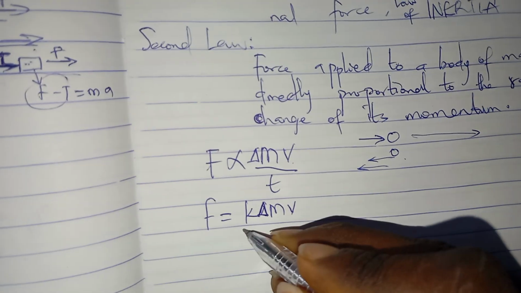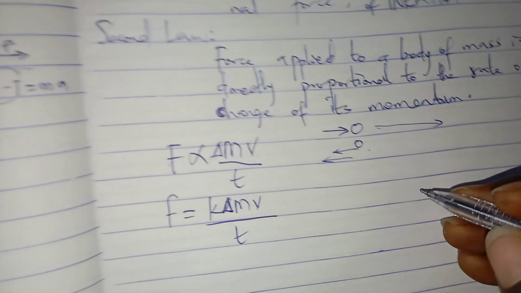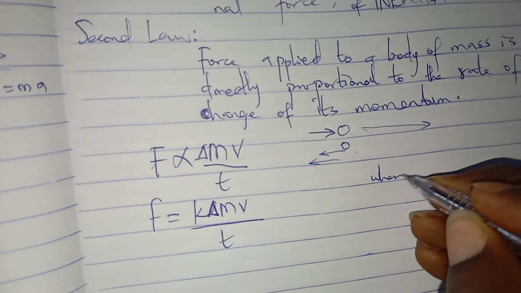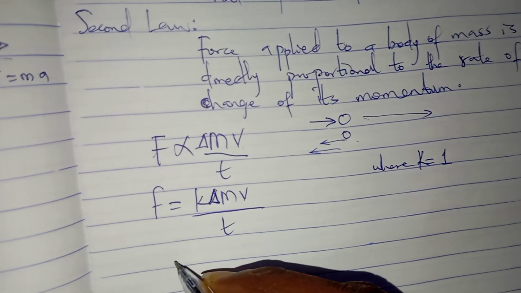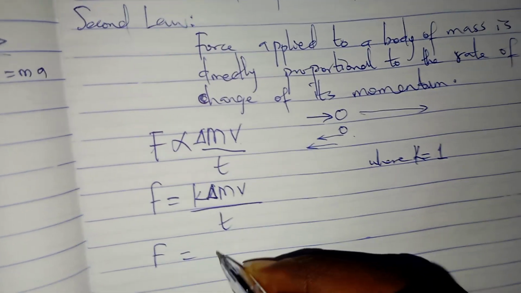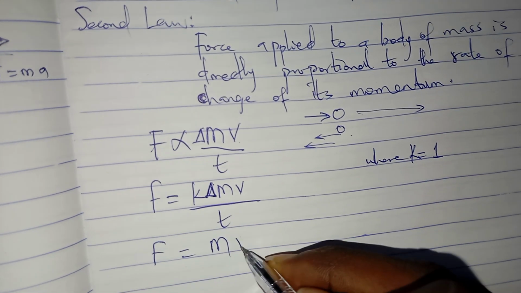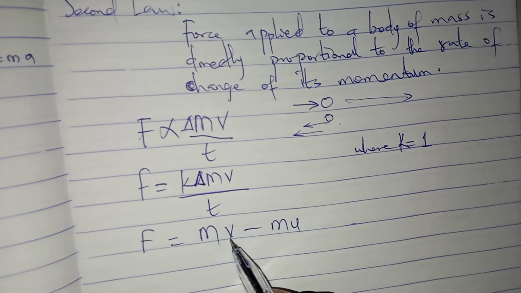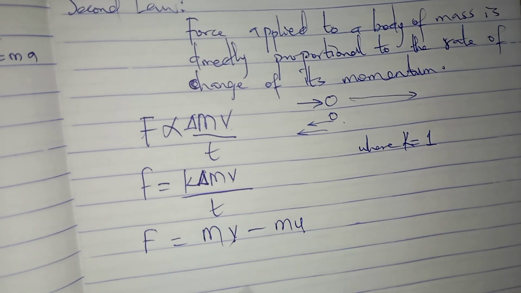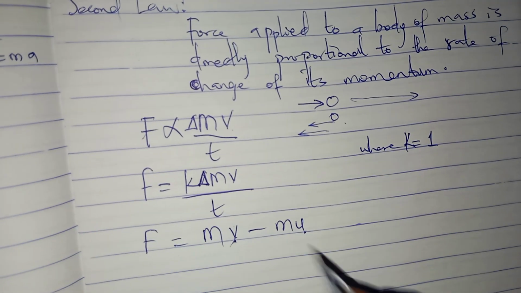This is change. So where K equals 1, notice that this is the same thing as saying F is equal to mv minus mu. Velocity is represented with V and U as the final and initial, that is change.